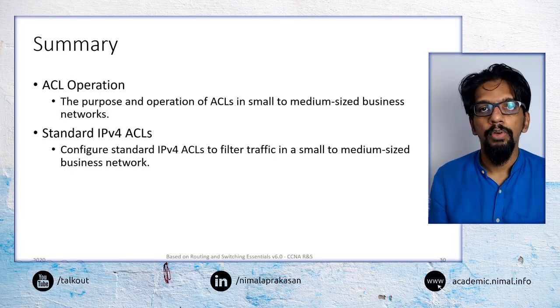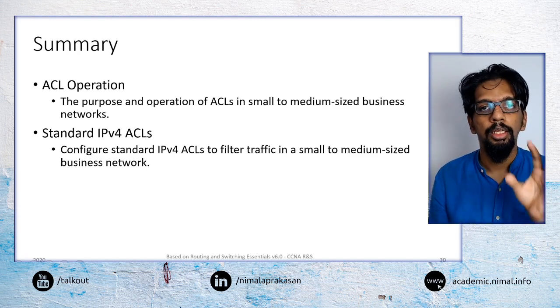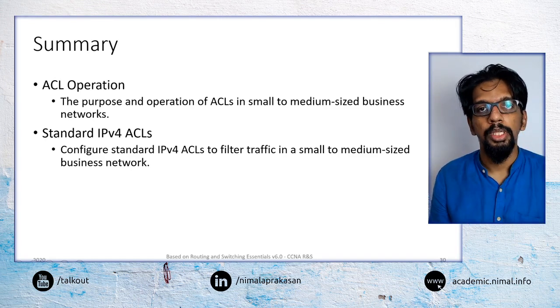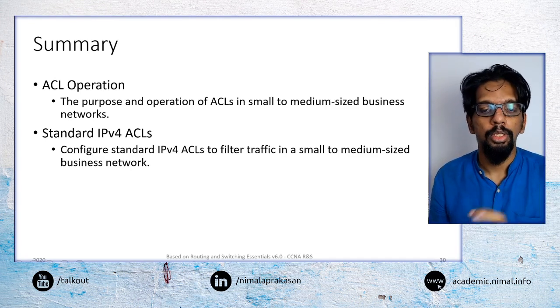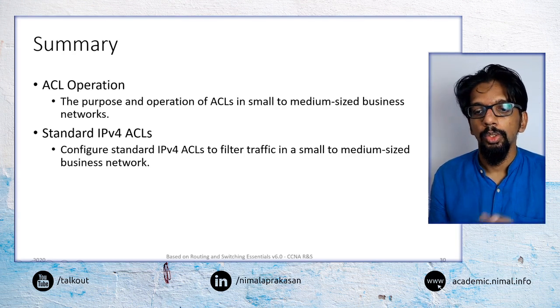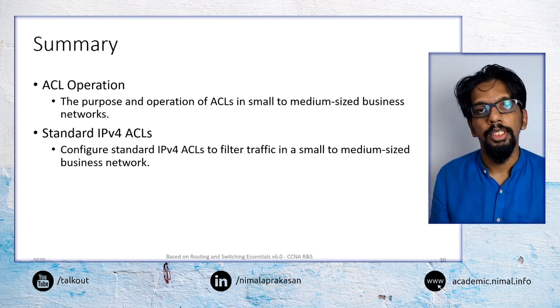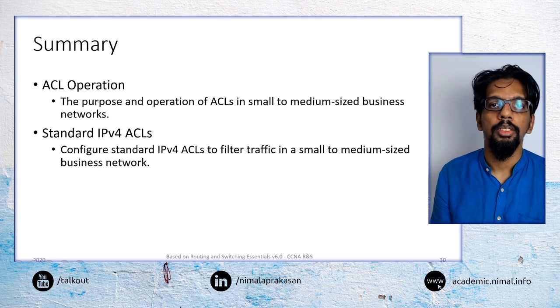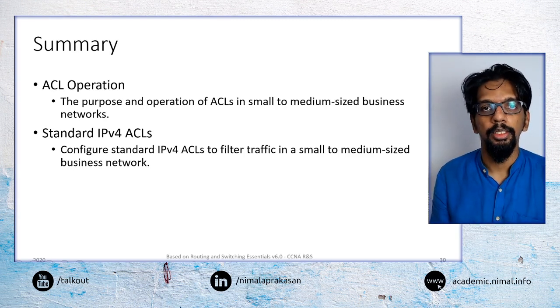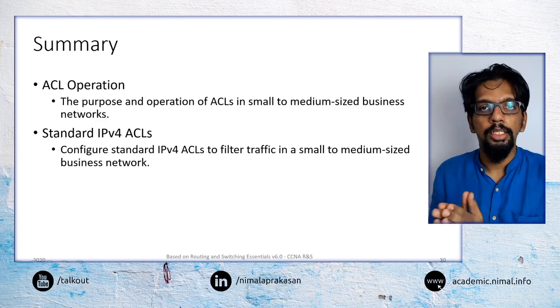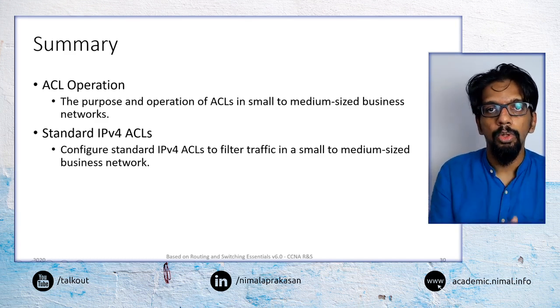So what we have covered so far today is basically the basics of ACL operations, access control lists, and also some specifics about standard ACLs in IPv4. So how we can configure these standard ACLs, how we can specify numbered or named ACL lists, and how we can associate them with our interfaces. Then there are extended ACLs that we have not covered today.